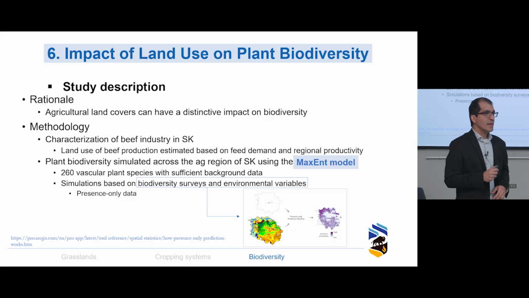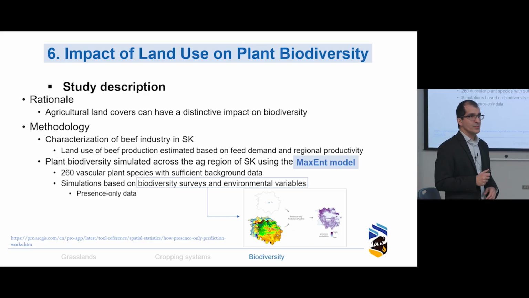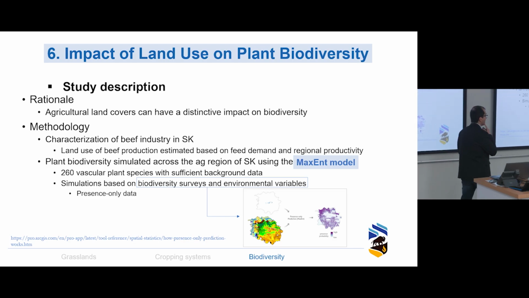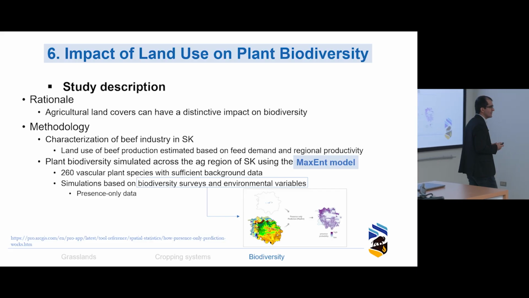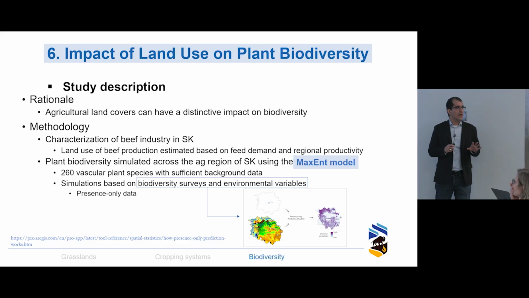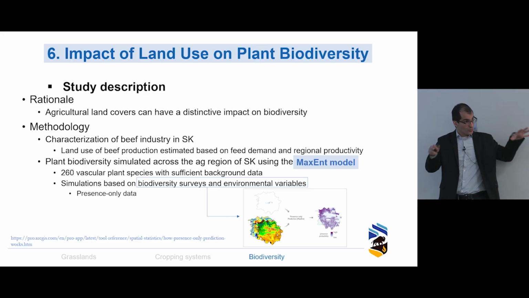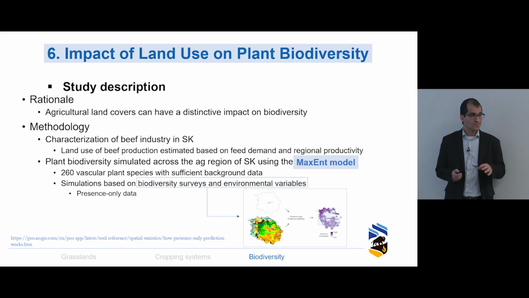And the last study I'm going to talk about today is about biodiversity. As Kim likes to say, biodiversity is the new carbon. So people are paying attention to biodiversity, and we have been doing this work in Alberta and then replicating this in Saskatchewan. The idea behind this is that agriculture land covers inside the broad agricultural land use have a different impact on biodiversity.